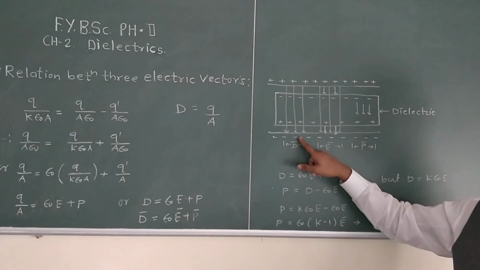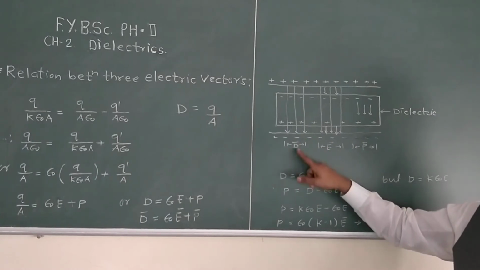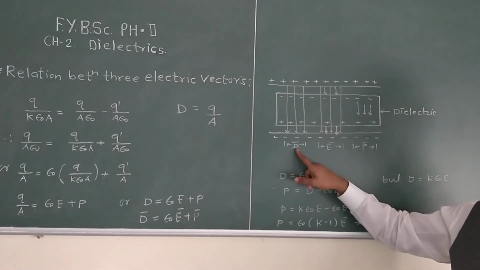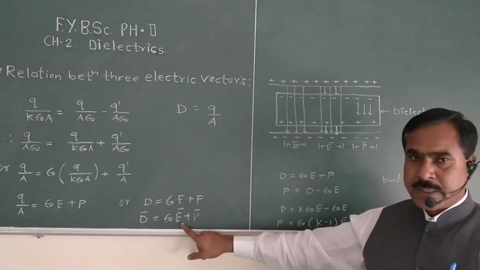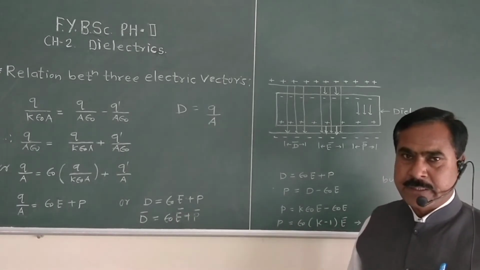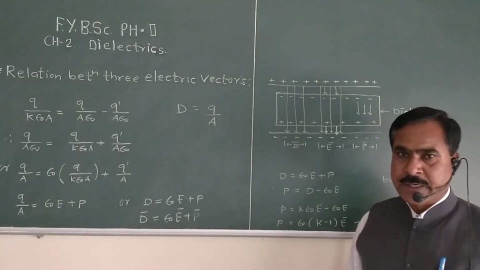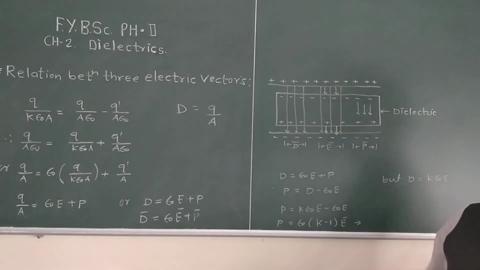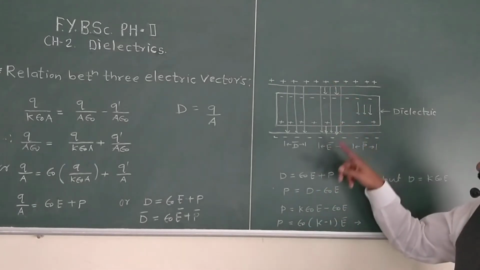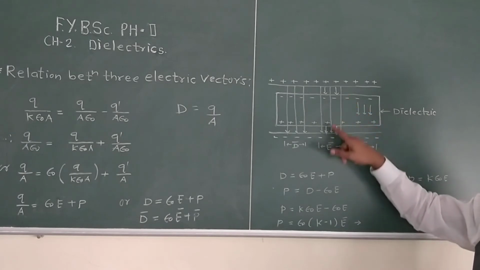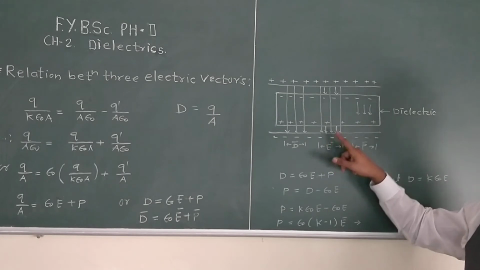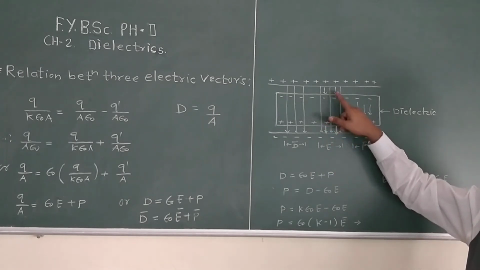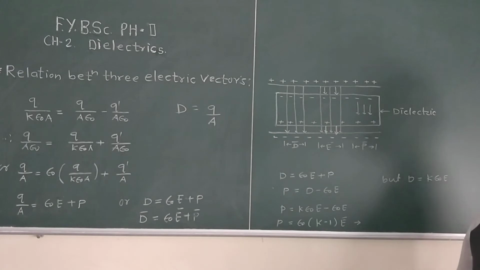Then electric intensity E bar is related with free charges as well as induced charges. The long arrow shows the electric intensity related with free charges as well as induced charges, and the short arrow shows the electric intensity related with the induced charges.